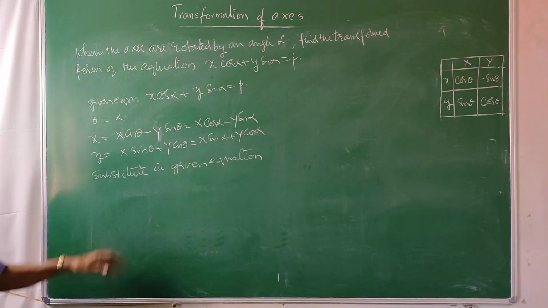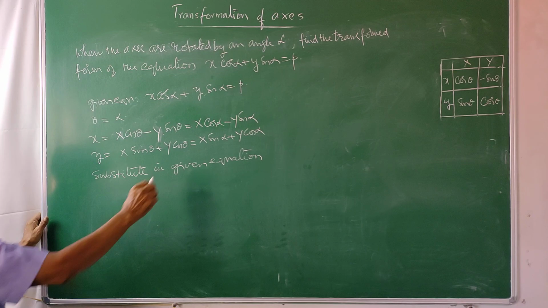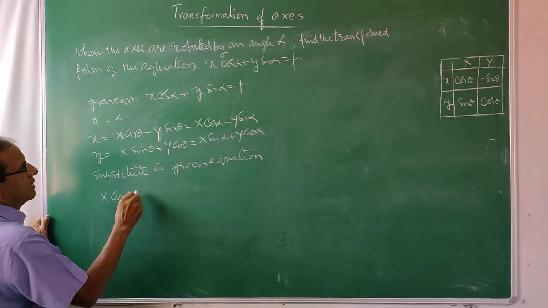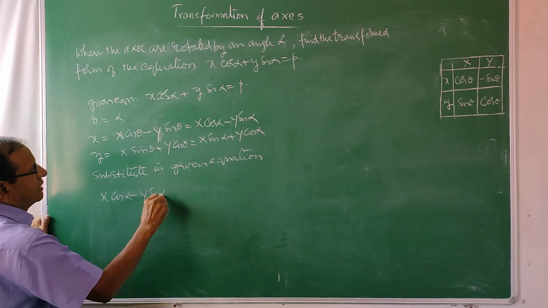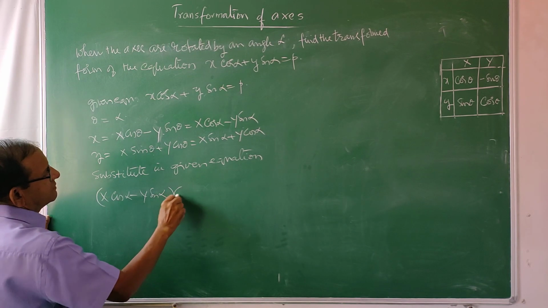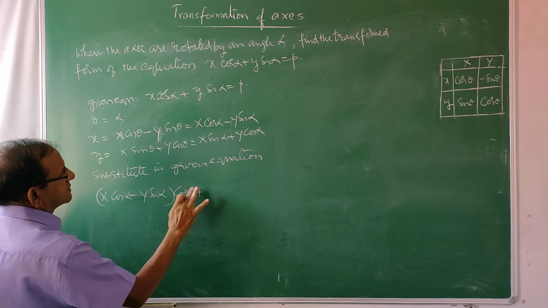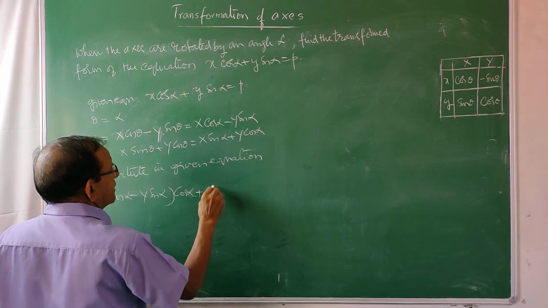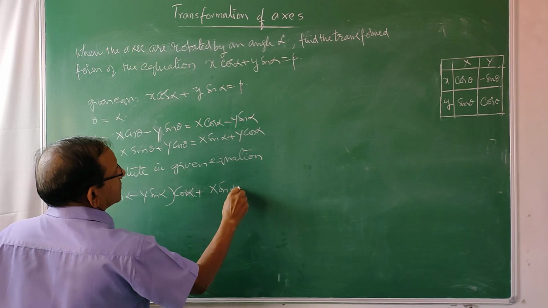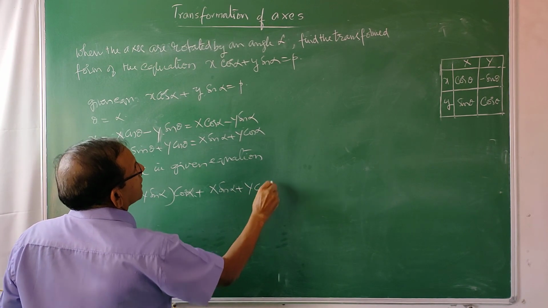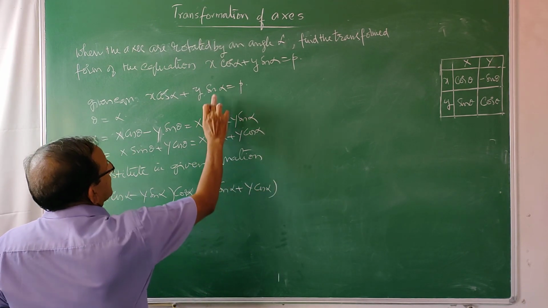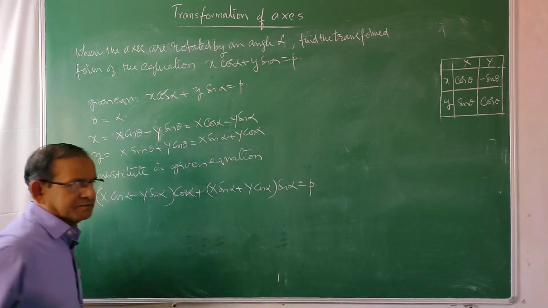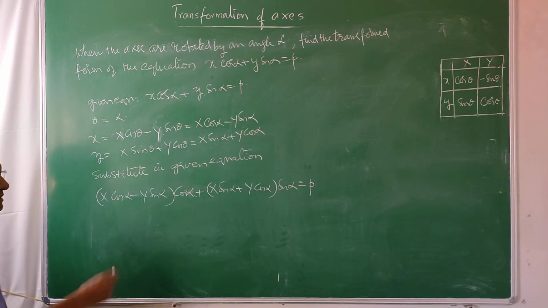What we will get? For x I have to write this one: (X cos alpha minus Y sin alpha) into cos alpha, plus y sin alpha. Y is this one: (X sin alpha plus Y cos alpha) into sin alpha, is equal to P. Now let us simplify this equation.